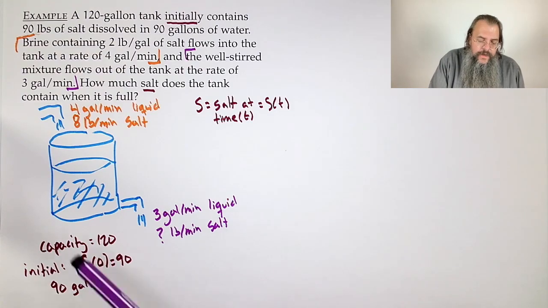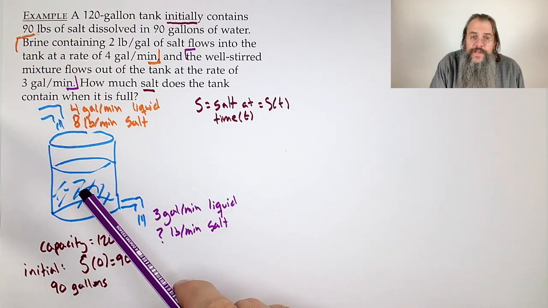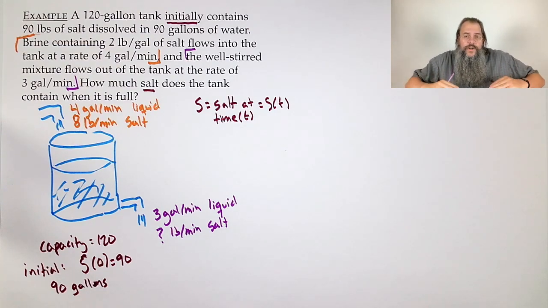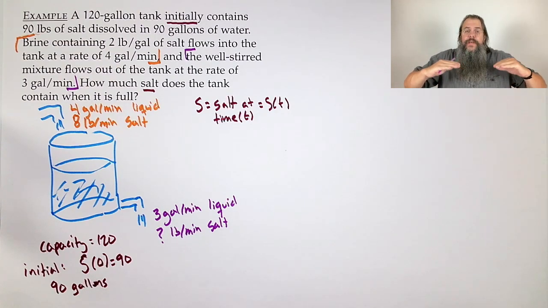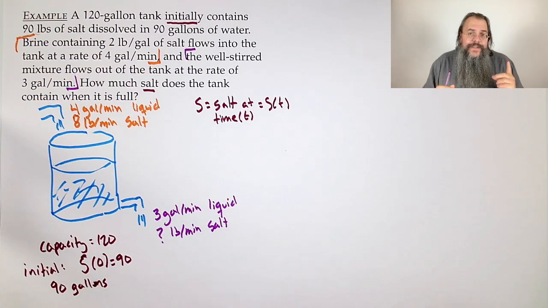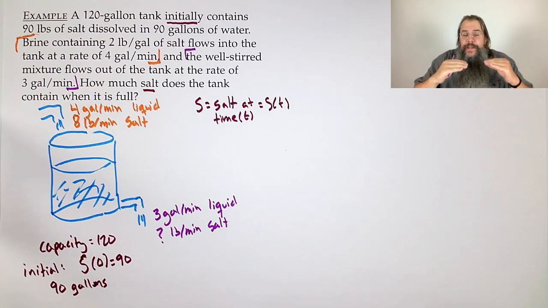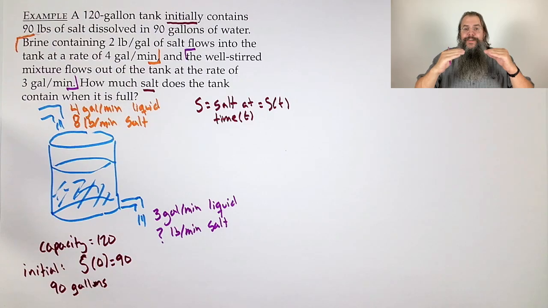And 4 gallons are coming in, 3 gallons are going out, which means more is coming in than going out. That tells us the water level is going to go up, at 1 gallon per minute.